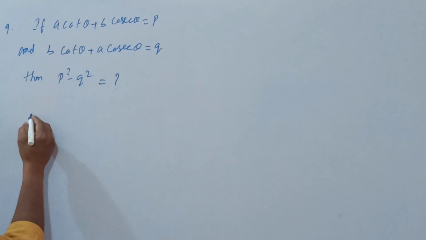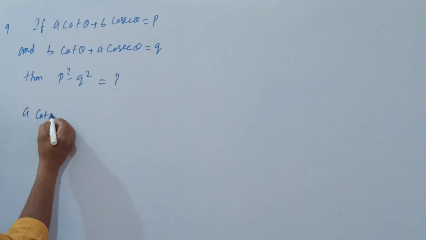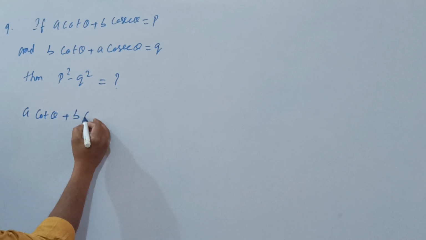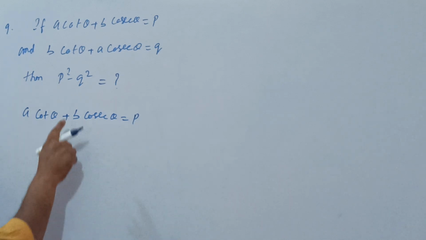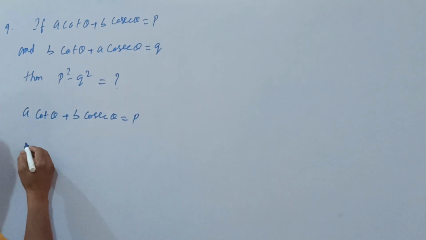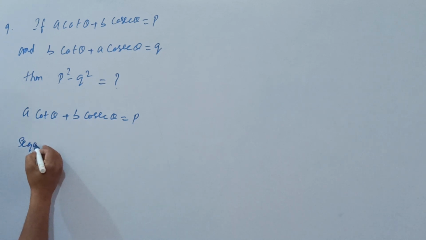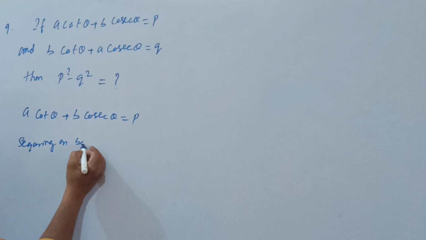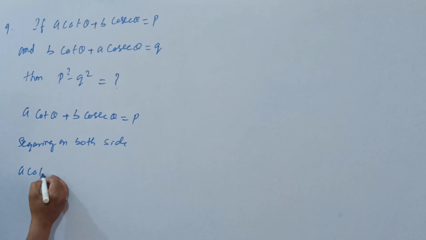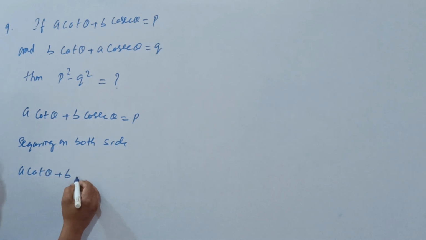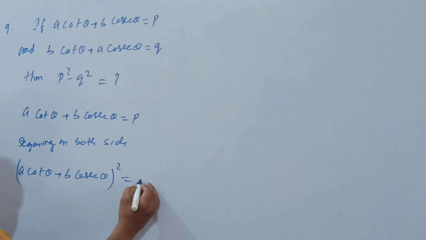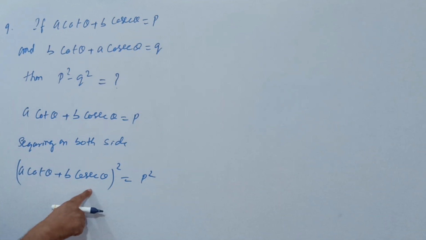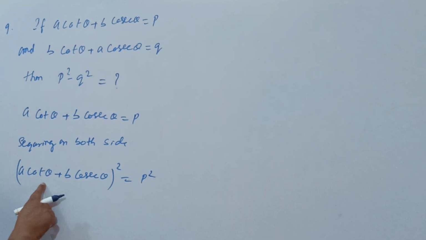First, I have to consider a cot theta plus b cosec theta is equal to p. Squaring on both sides, that is (a cot theta plus b cosec theta) whole square is equal to p square. This is of the form (a plus b) whole square.